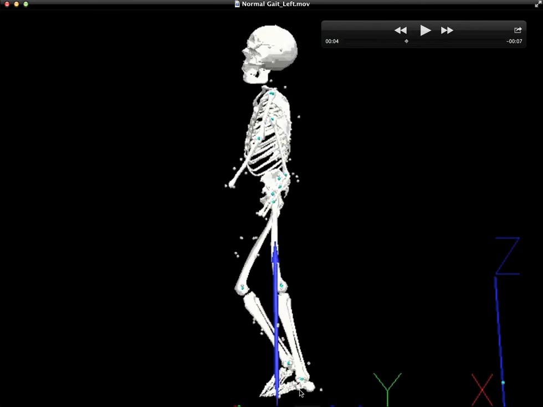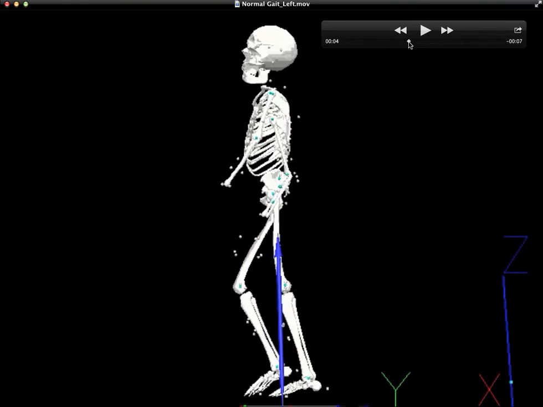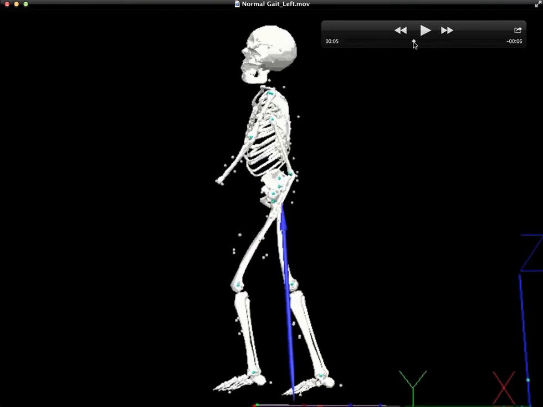So we can notice the positions, and we'll focus on the kinematics here. The hip is toward neutral or slightly extended, the knee is extended again, and the ankle is moving toward peak dorsiflexion. What's interesting is that as the heel comes off, there's a little bit more dorsiflexion even occurring.